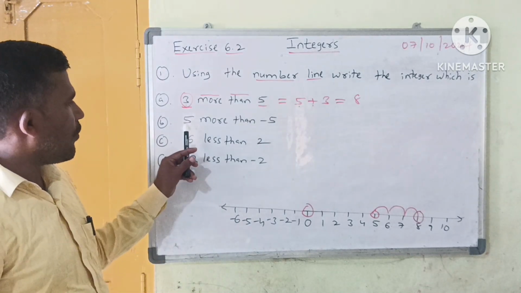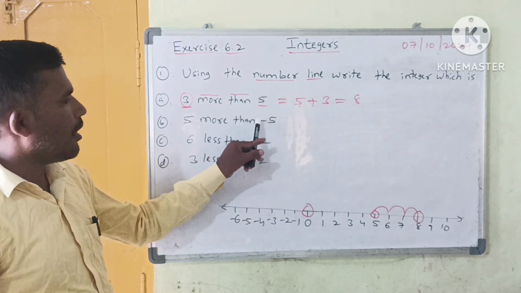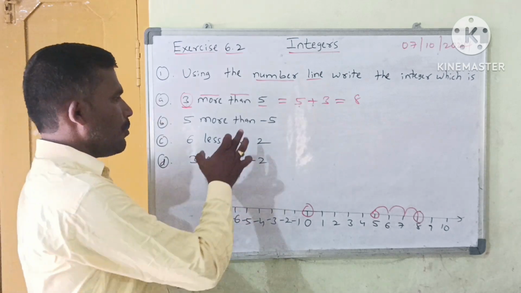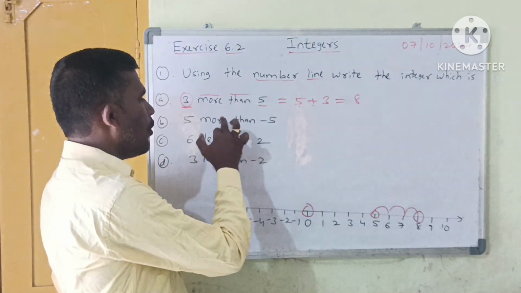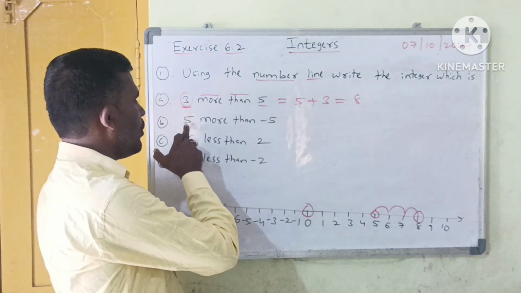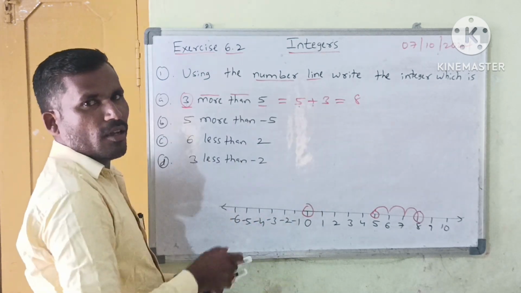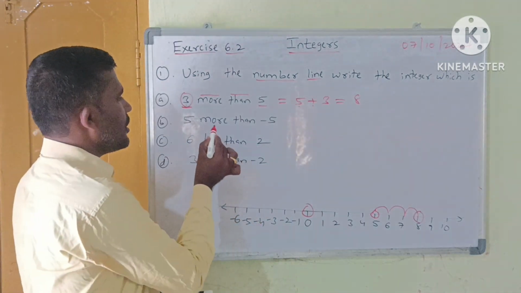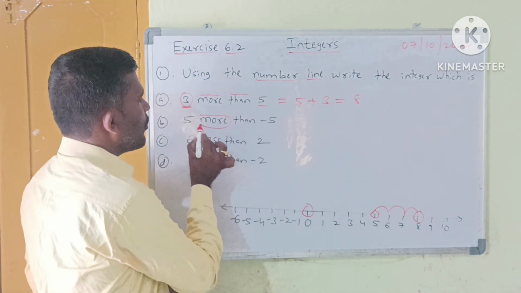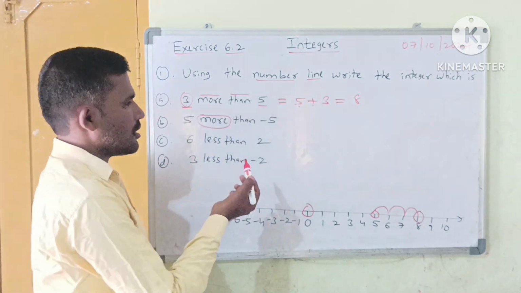Next, 5 more than minus 5. From the minus 5, you have to move 5 steps. How many steps? 5 steps, you have to move to the positive side only. Why the positive? Because he has given more. More is nothing but plus.